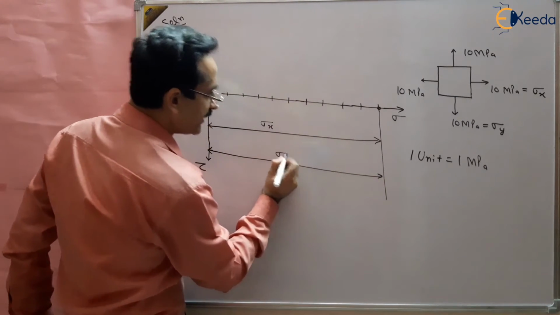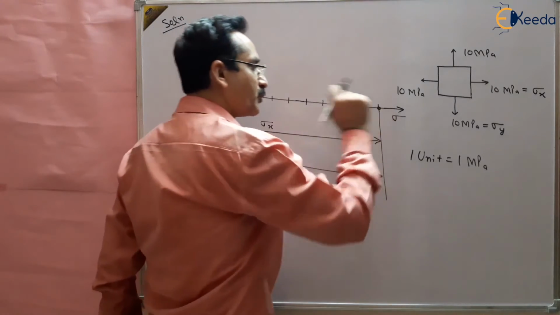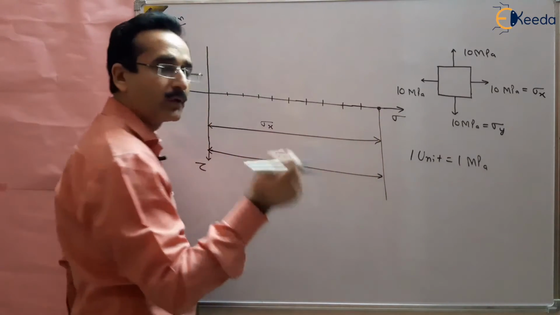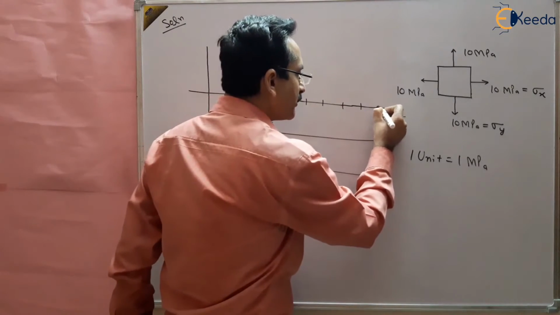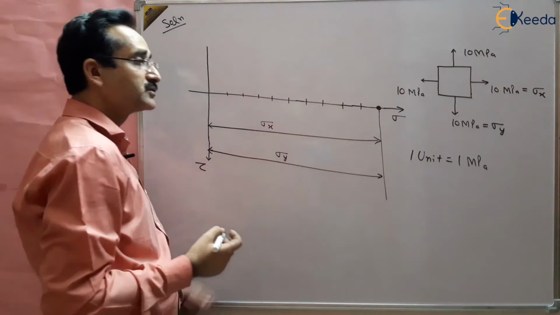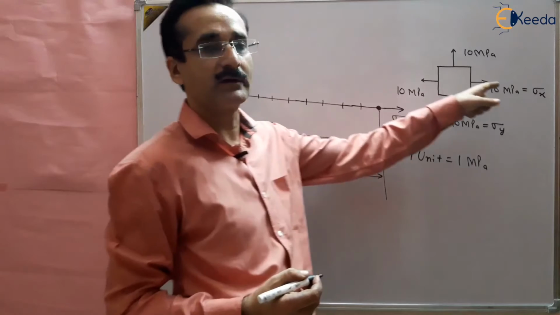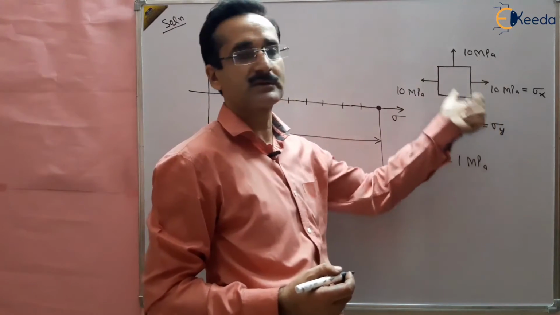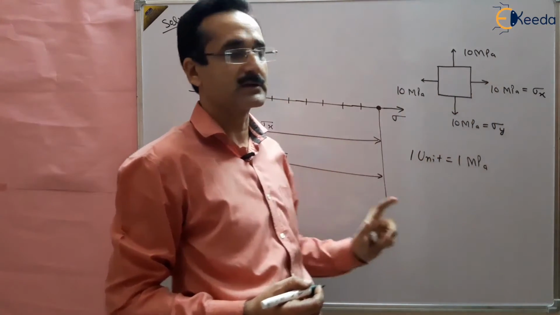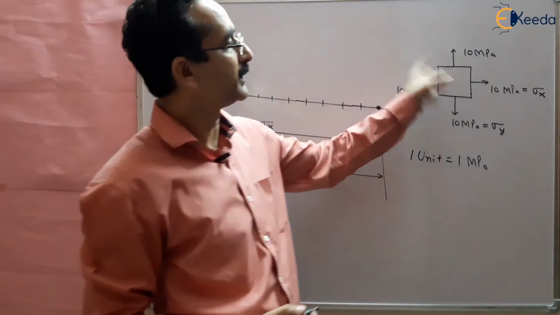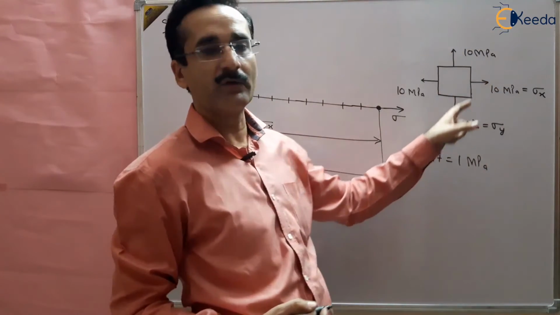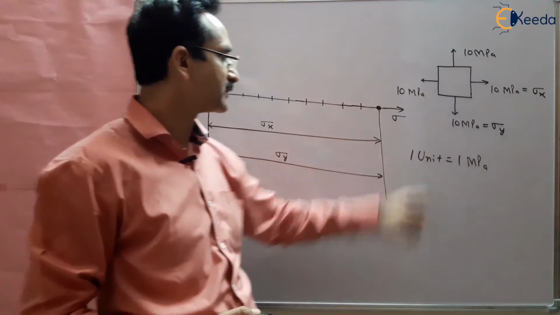So sigma y and sigma x are lying at the same point, and this is possible only when the Mohr circle becomes a point and there is no shear stress at any plane. There is no shear stress, right? And at any plane we will get the same stress condition of 10 megapascal and 10 megapascal, right?